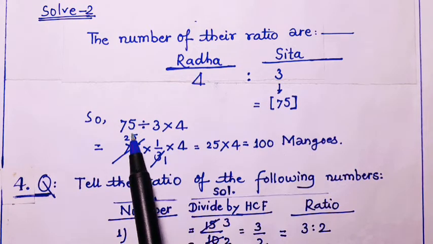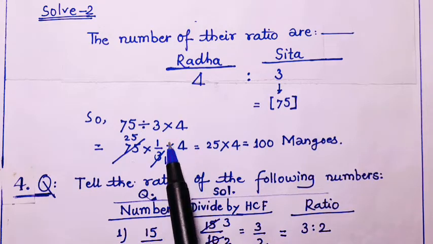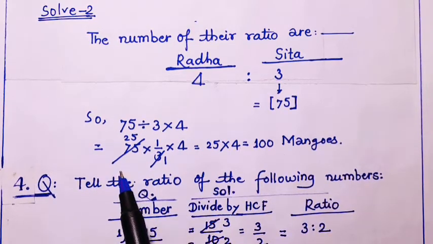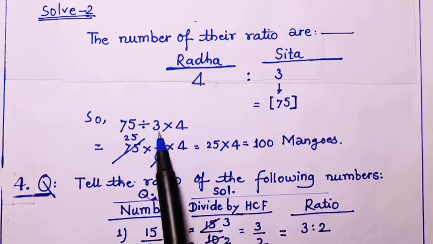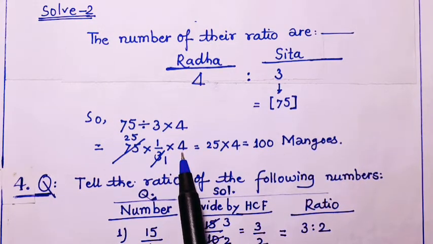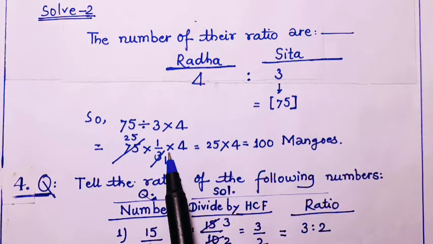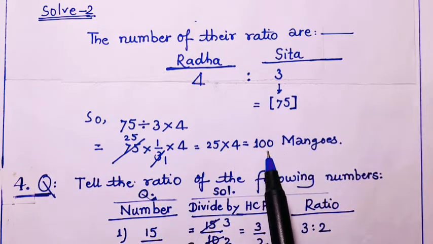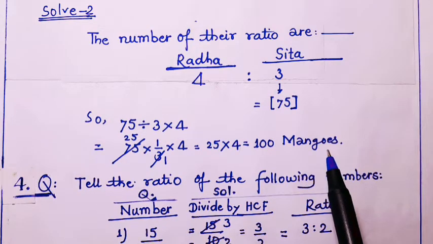So 75 divide 3 into 4, and under this multiplicative reciprocal fractions, 75 into 1 by 3 into 4, and finally we get 25 into 4 equal to 100 mangoes. It means Radha got 100 mangoes.